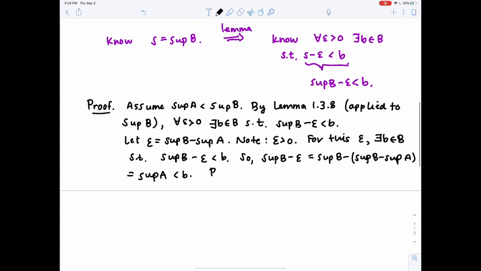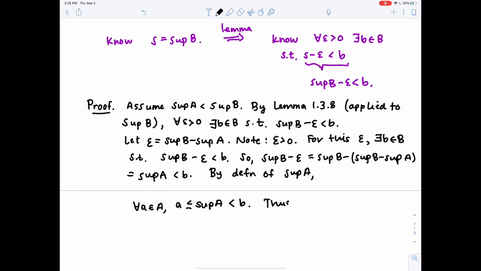But by definition of sup A, for all a in A, a has to be less than or equal to sup A. That's just using the fact that the supremum is an upper bound for the set A. And we can now say transitively that's less than b.